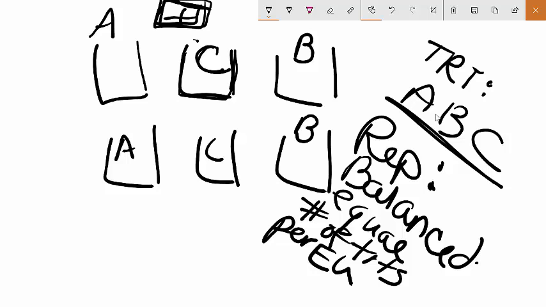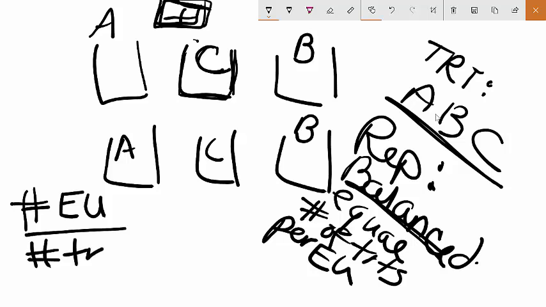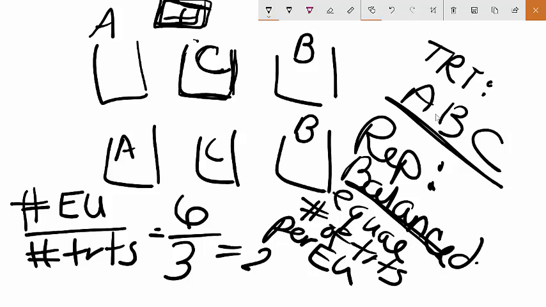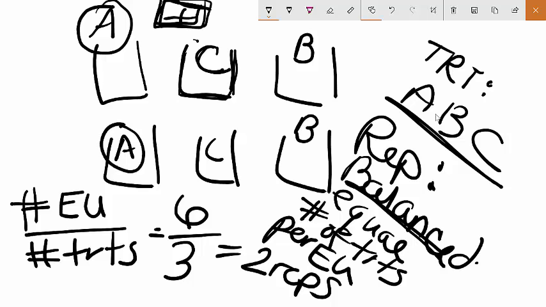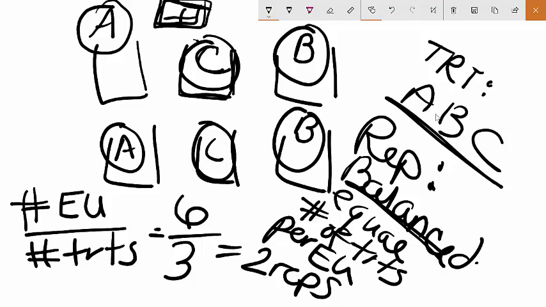So with replication, if it's balanced, you can always take your number of EUs divided by your number of treatments. So my number of EUs is 6 divided by my number of treatments, which is 3. So this tells me that I have 2 reps per treatment. That's what I see here, right? Here's 2 reps of A, 2 reps of C, 2 reps of B. Okay?